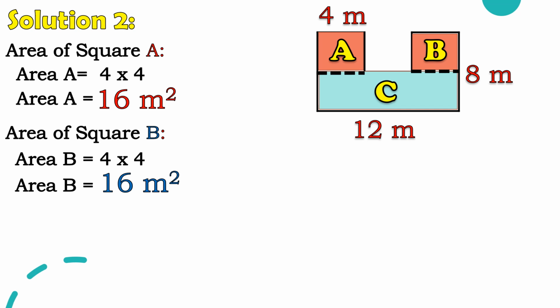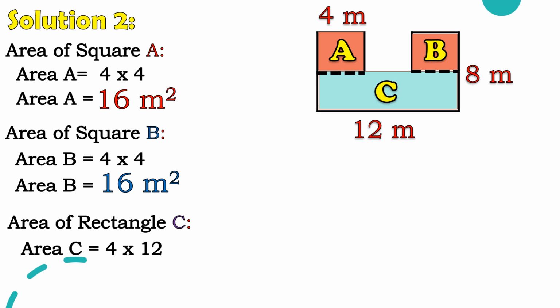Then proceed tayo sa area of rectangle C. Ang kanyang width ay 12 meter. And then, area of C is 4 times 12. But wait, saan nanggaling yung 4? Kung makikita mo dito sa gilid, merong 8 meters.